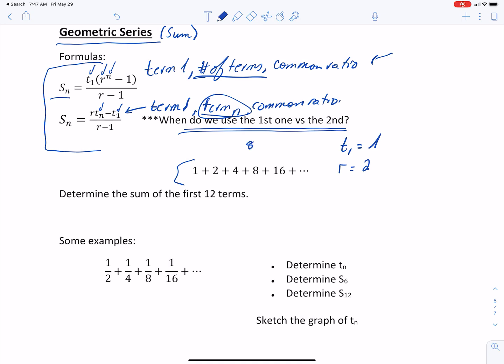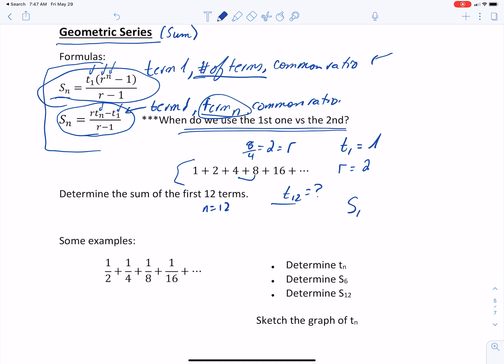Remember, I get that by taking any term and dividing by the one in front of it, for example, and that gives me the common ratio of 2. I know that n is 12, but I don't know term 12. So I can't really use this formula without finding term 12 first. In that case, I'm going to pick this formula, and it's easier for me to do.